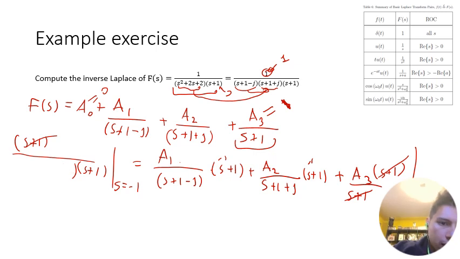So here we're going to have s plus 1 minus j, s plus 1 plus j, and we're going to multiply by s plus 1 minus j, and then evaluate at s equals negative 1 plus j.